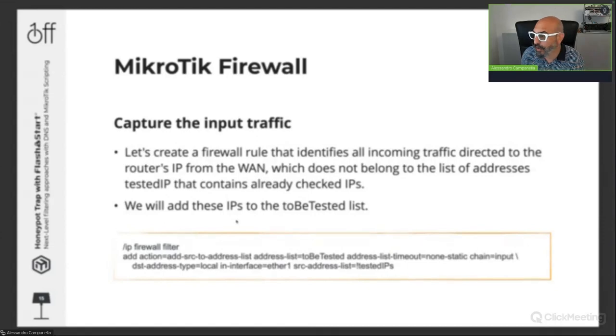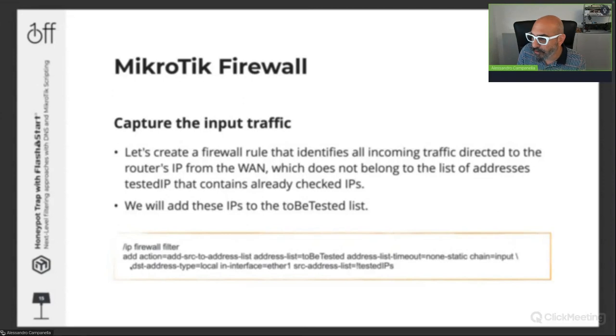In this case, the router has the Ethernet one as the WAN. The source address list is not tested IPs. Why? Because we need to test only new connections, not connections we already tested. And we add the IP address of the source connection to the to be tested list. It's a simple rule, but it's able to add all these addresses to the list.